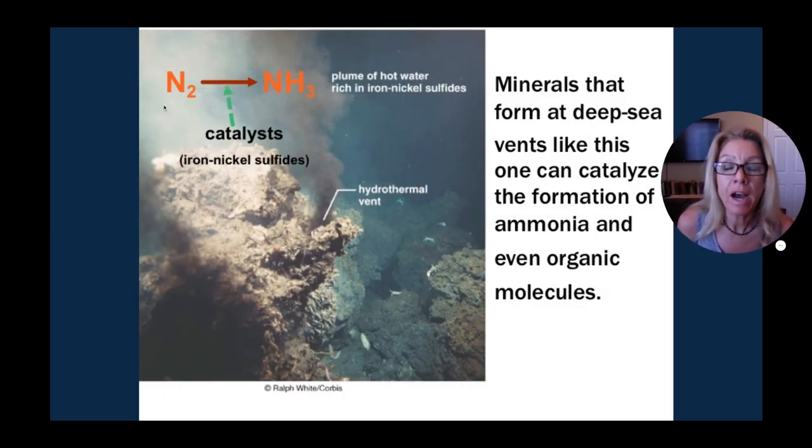So nitrogen gas, which is the reservoir where you would have the bulk of your nitrogen, could be converted to ammonia with these catalysts that you find in the hydrothermal vents. Further studies hypothesize that nitrogen-containing compounds originated as N2 in the deep ocean thermal vents, becoming converted to ammonia.